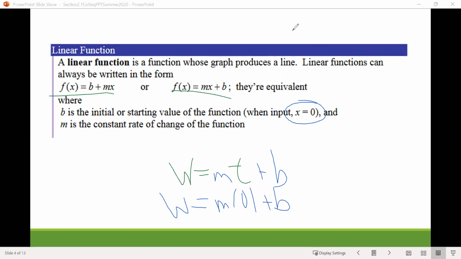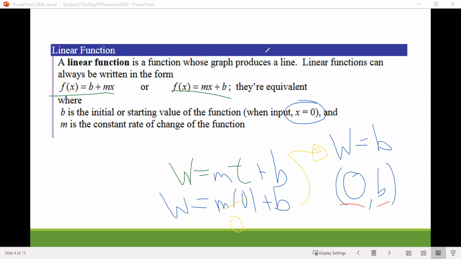Well, m times 0 is just going to give us 0, plus b gives us w equals b, which then gives us a point 0 comma b, right? Because our input value was 0, which led to an output value of b. So that's another way to think about b.